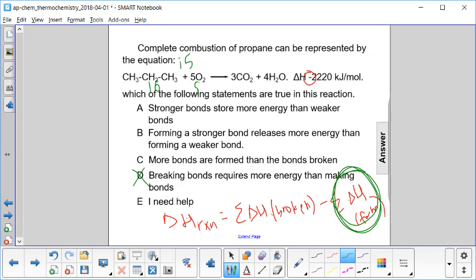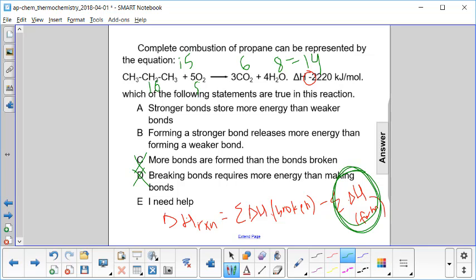And then the bonds formed: carbon dioxide, remember, is 2 carbon-oxygen double bonds times the coefficient of 3 is 6 bonds formed there. And we found previously 8 bonds formed to form those 4 water molecules. So 6 plus 8 is 14 bonds formed. So 1 less bond is formed than is broken.